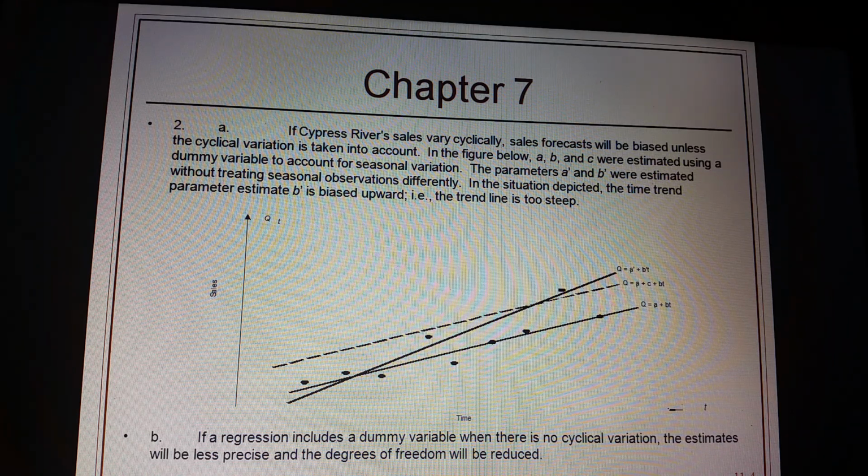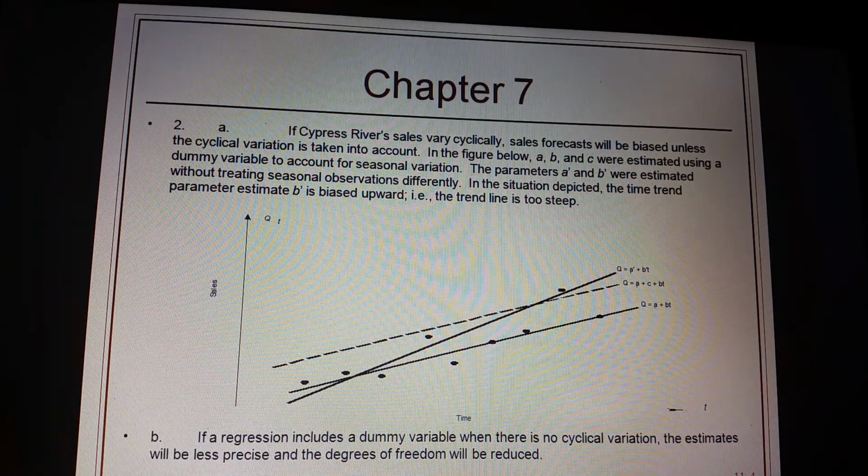What effect would this have on the estimation? And the answer here is, if regression includes a dummy variable when there is no cyclical variation, the estimates will be less precise and the degrees of freedom will be reduced. So anything along the lines of less precision would be an acceptable answer for that question.